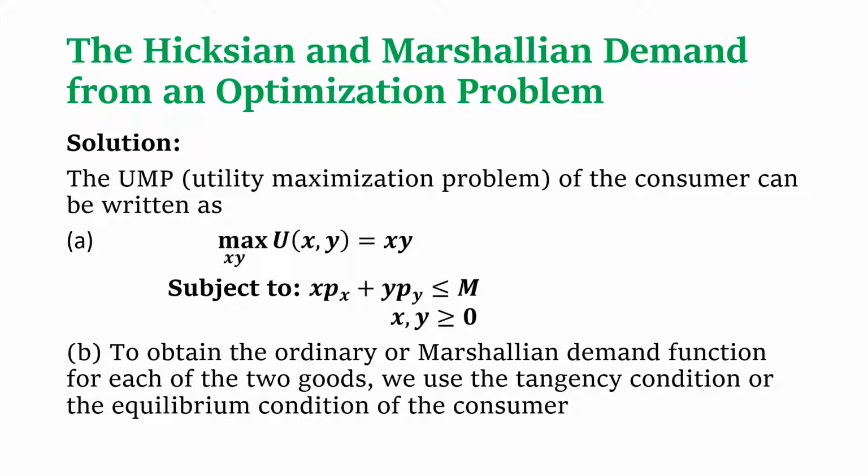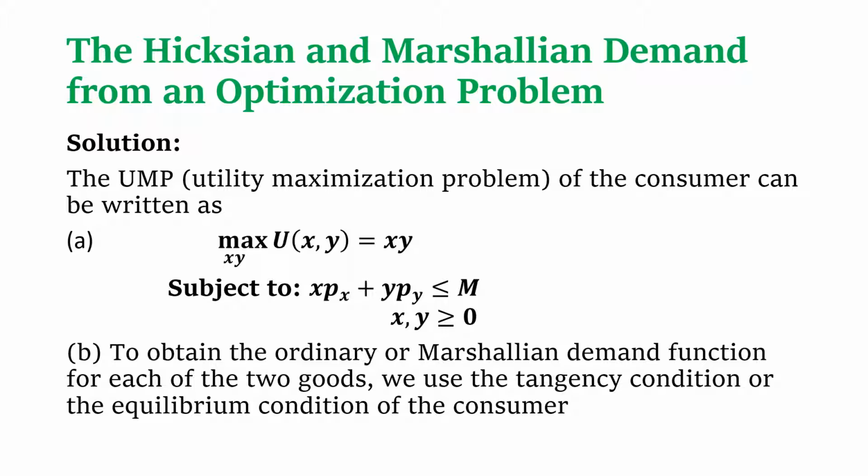So we have expenditure on x plus expenditure on y is less than or equal to the income. And then x and y are non-negative, that is, x and y are greater than or equal to 0. That is the non-negativity restriction. Once you do that, you have solved the problem. So the first question is answered.